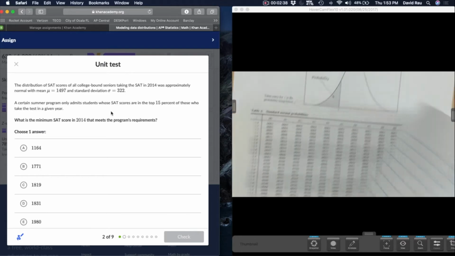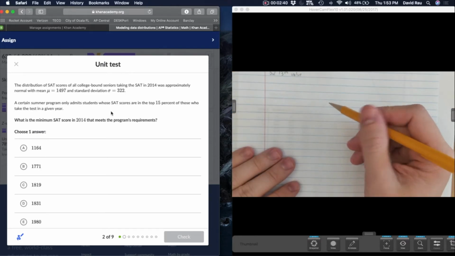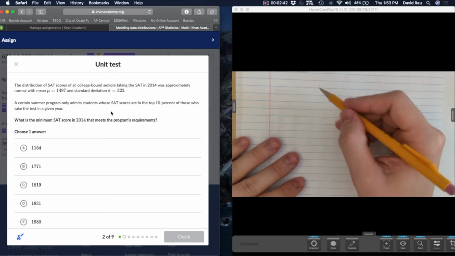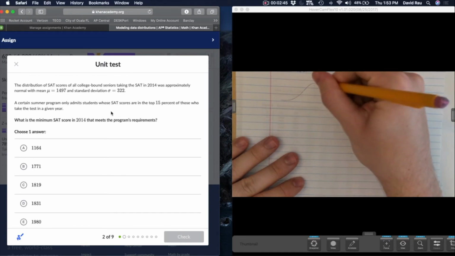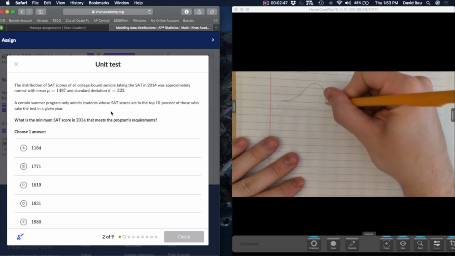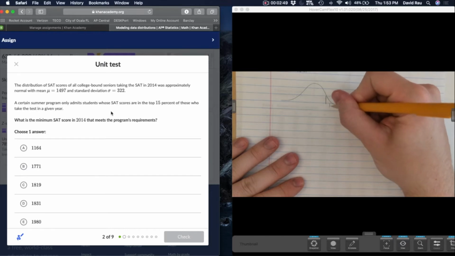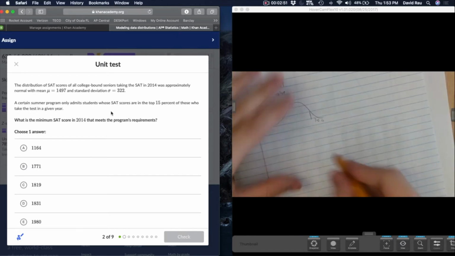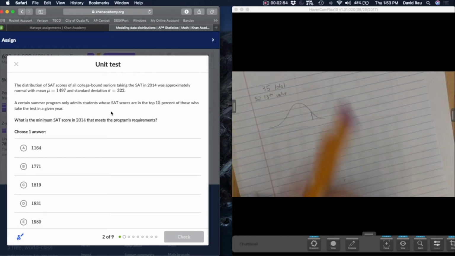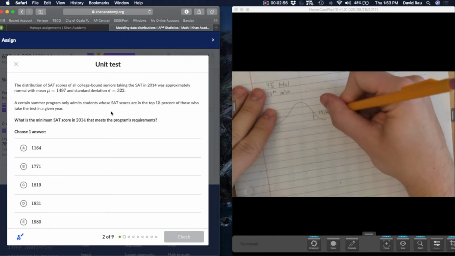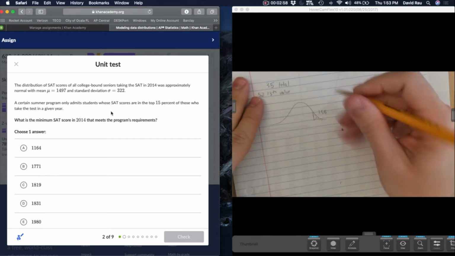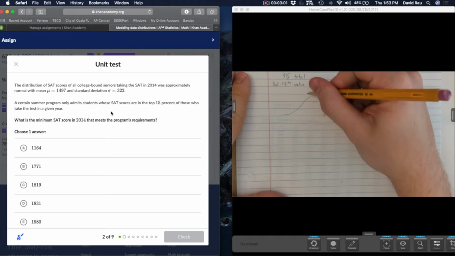how the z-table works. So, when it says they want to know who's in the top 15%, if it's normally distributed, then the top 15%, usually I'll put my percents up top. So if there's 15% here, well then that means there's guaranteed to be 85% below.